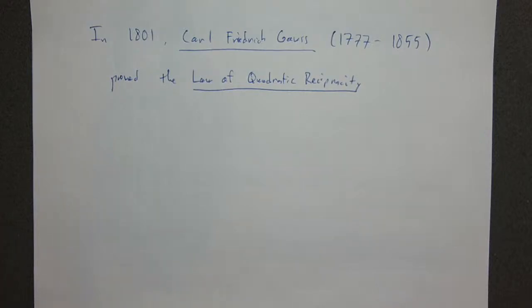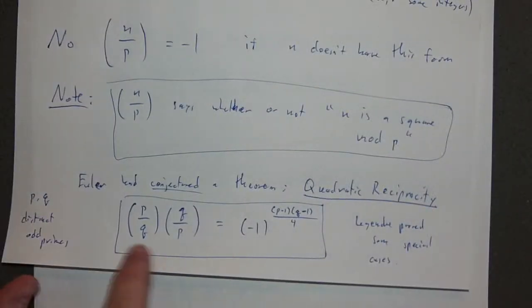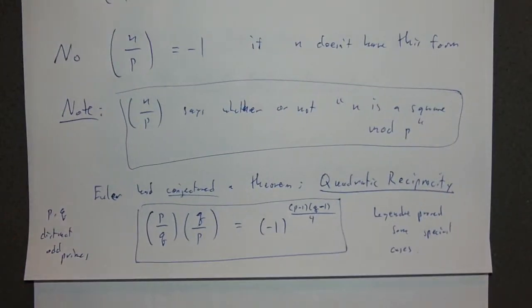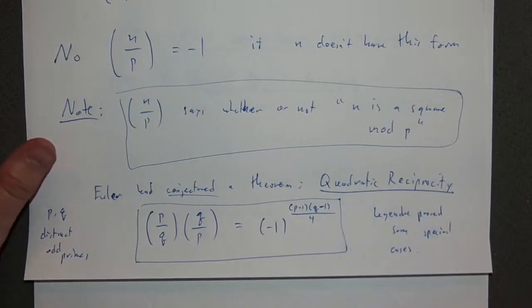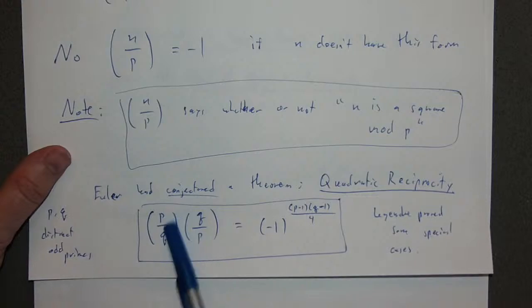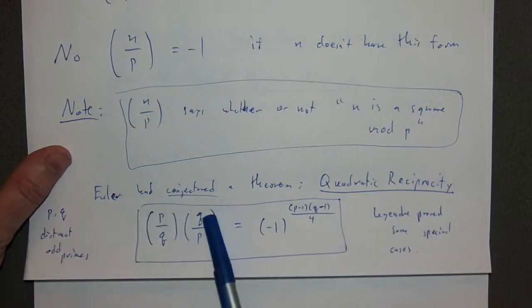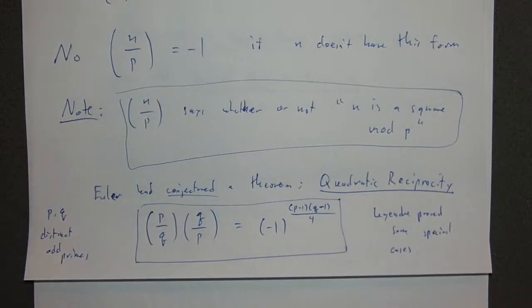It can be hard just looking at this statement to understand why this would be a big deal or why someone would even care. The biggest way I can try to explain this is that quadratic reciprocity says that whether P is a square mod Q has something to do with whether Q is a square mod P. Thinking about it in the most basic terms, there does not seem to be any reason why that should be true.